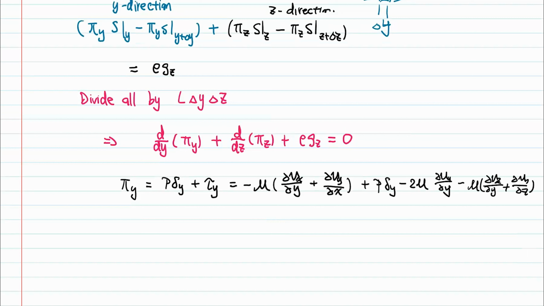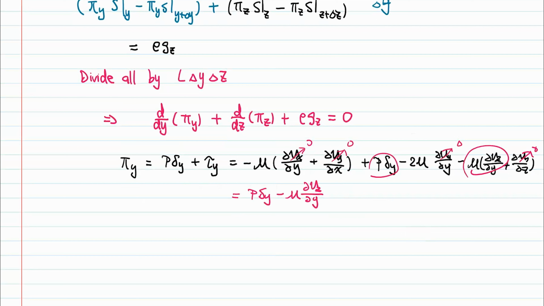If you analyze all these terms, there's no velocity in the x or y direction, so those disappear. You only have the z direction and the pressure term left. So this equals P delta y minus mu partial Vz partial y.